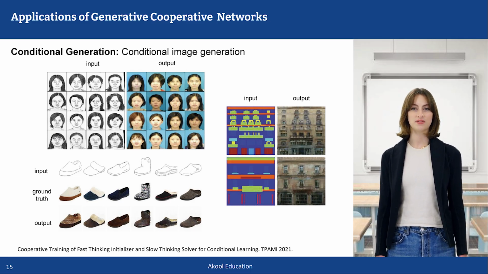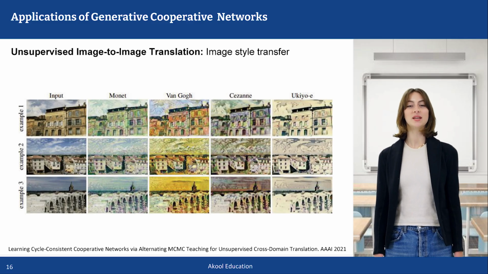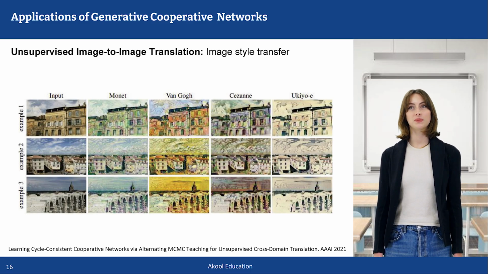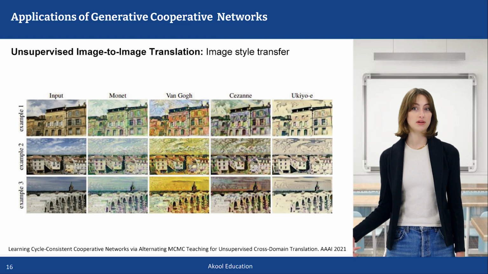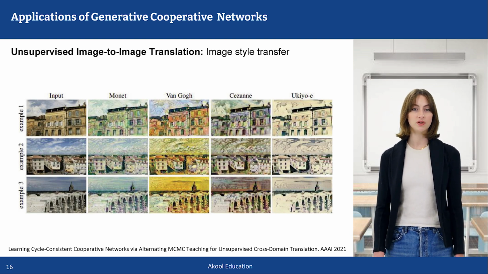The framework can be further extended to the unsupervised image-to-image translation problem, where the training data consists of two unpaired image collections from different domains. To establish a correspondence between these unpaired domains, the proposed framework learns a pair of cooperative networks with cycle consistency, enabling two-way translation between the domains.